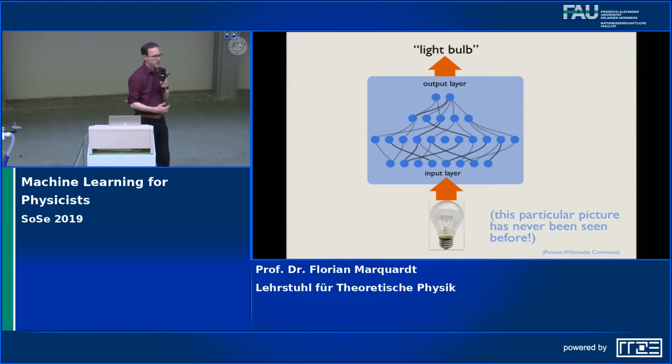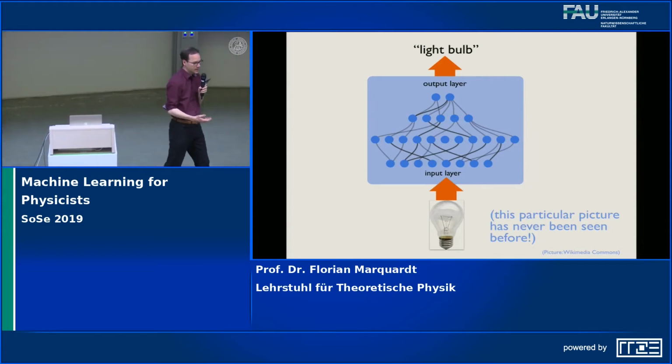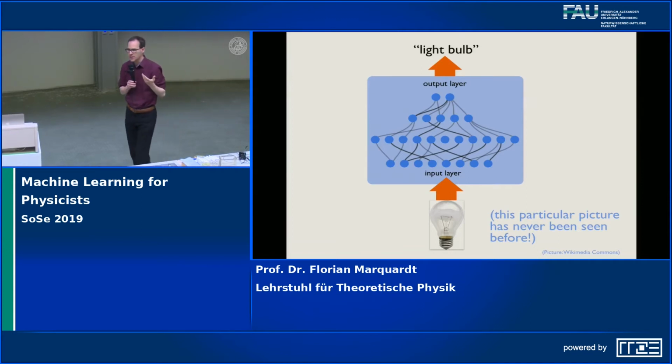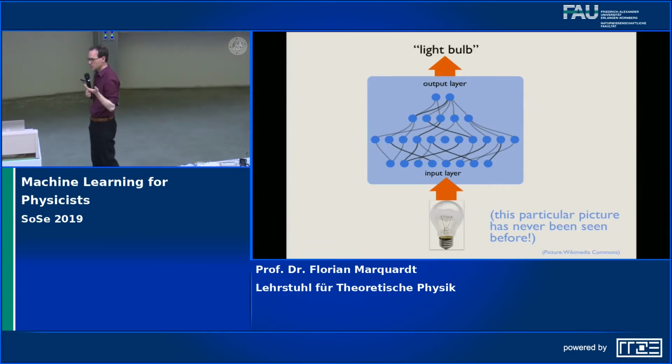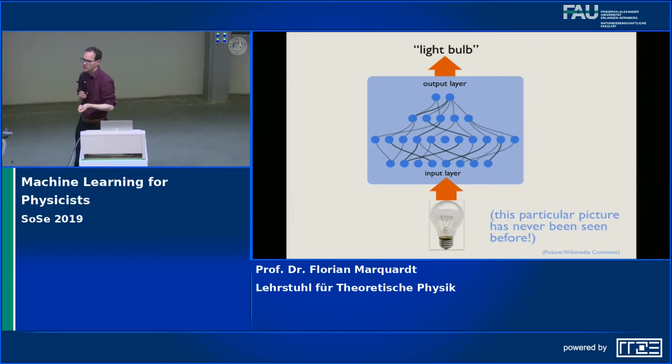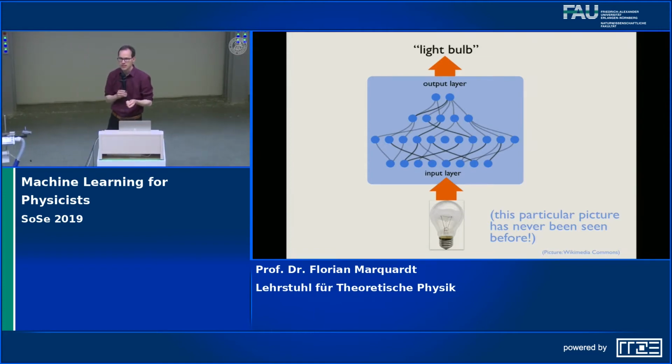So what could be a typical example of a task that such a neural network can perform? One of the most well-known and most powerful applications of neural networks is in image recognition. And the idea is that your input is really an image.